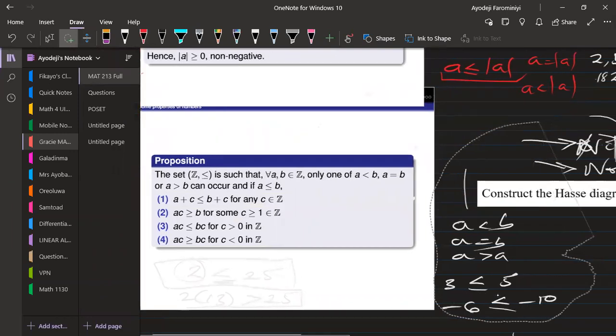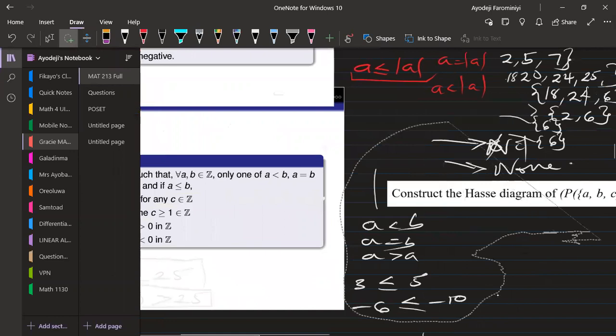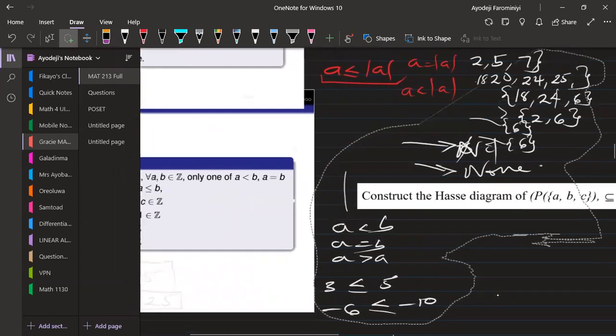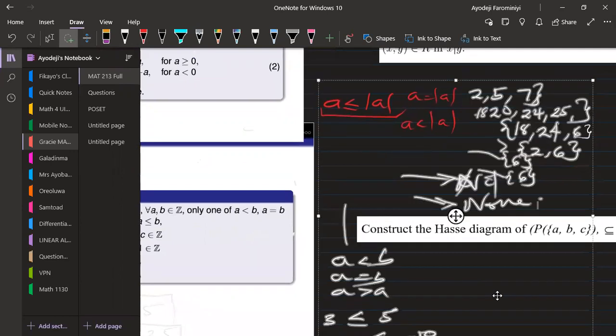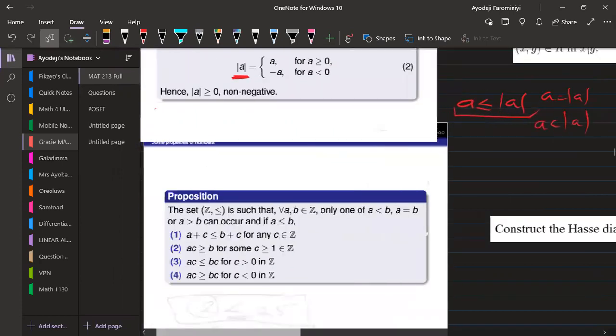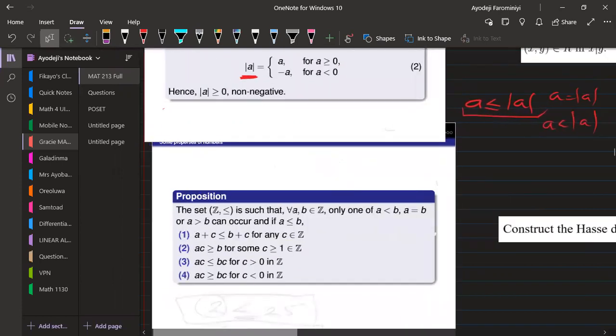So let's look at this proposition. The proposition is just something we know intuitively. Are you following? Yes, sir. There are things you know intuitively.